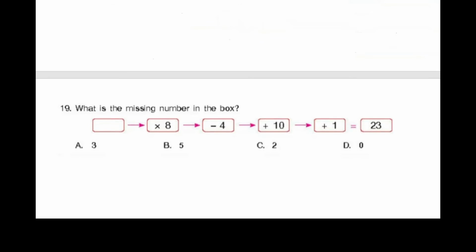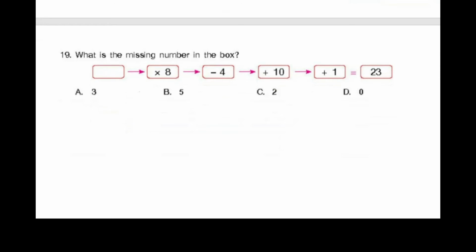Question number 19. What is the missing number in the box? For solving these type of questions, what we do, we don't know this value. We know the answer. This says that when you multiply the number present here by 8, then minus 7, then add 10, then again add 1, you will get 23.